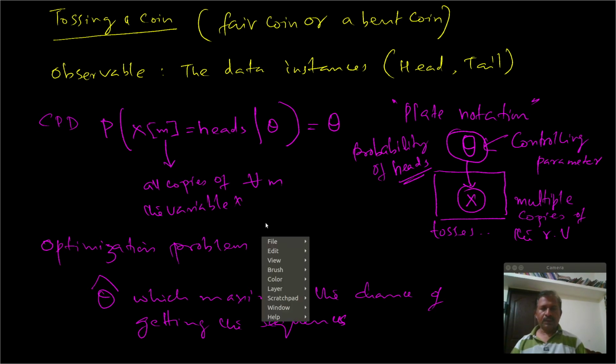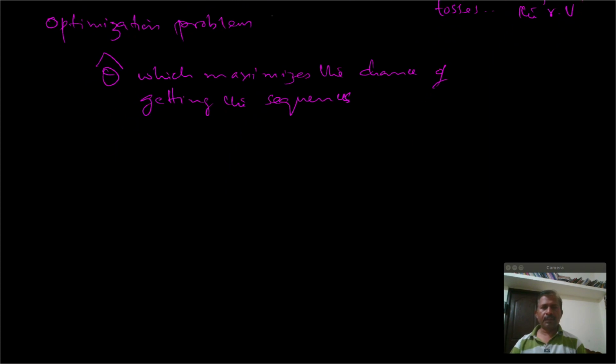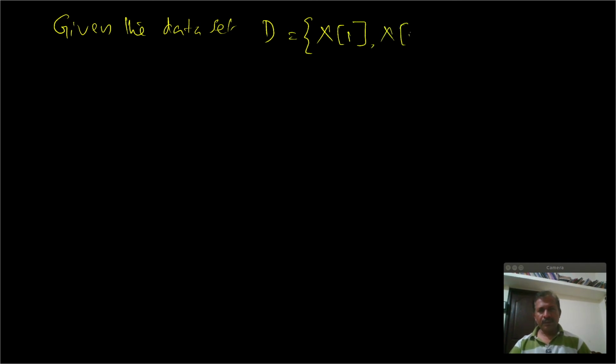So let me formalize this problem. Given the data set D, I am representing D as x of 1, x of 2 up to x of m, right?